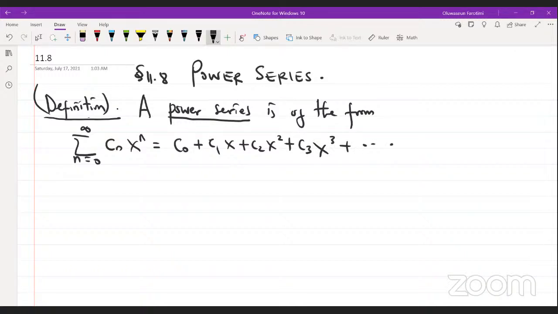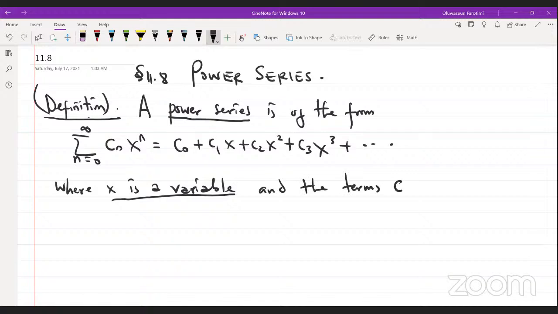Now, I need to mention that the power series is a special type of series. Let me define my terms. Where x is a variable, and the terms Cn are the constants, and they are called the coefficients of the series.